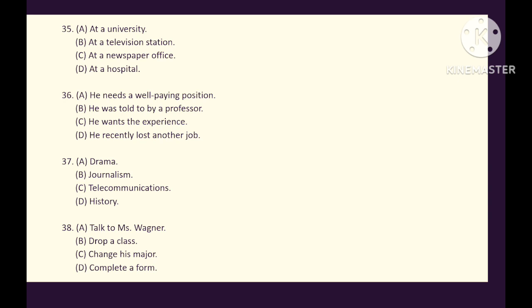Number 37. What is the man majoring in at the university? Number 38. What does the man need to do next in order to get the position?